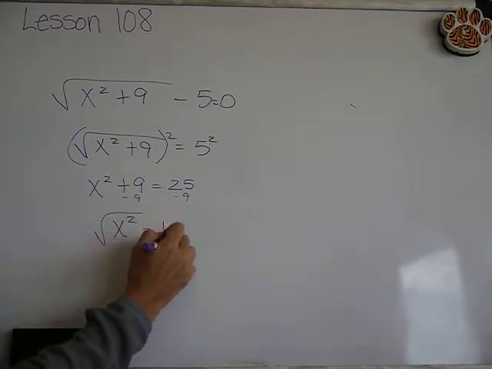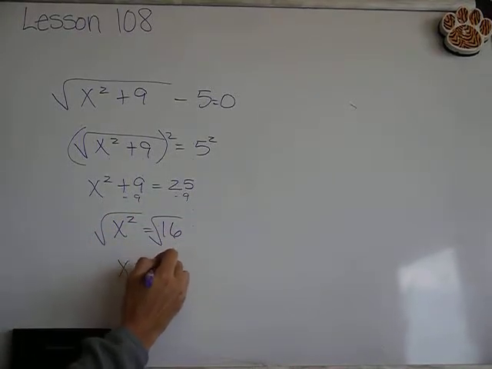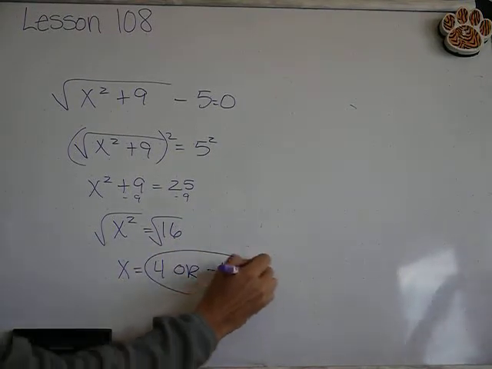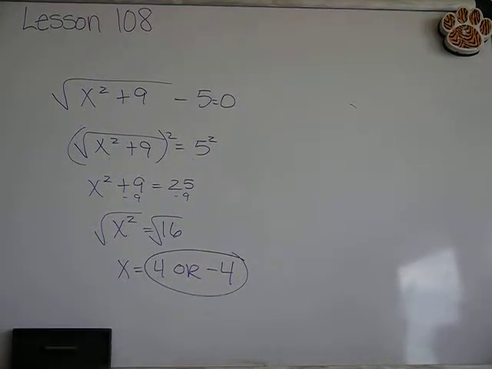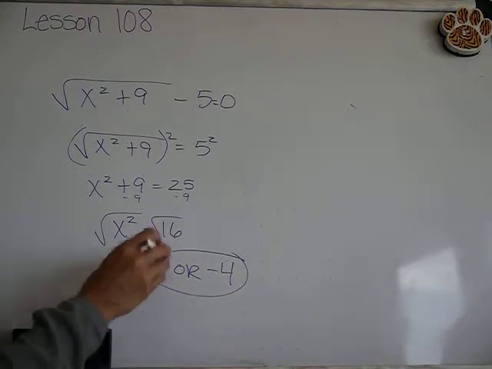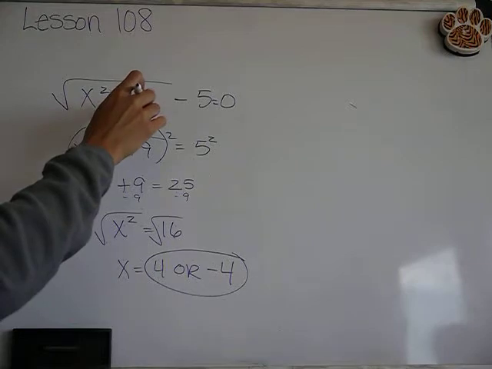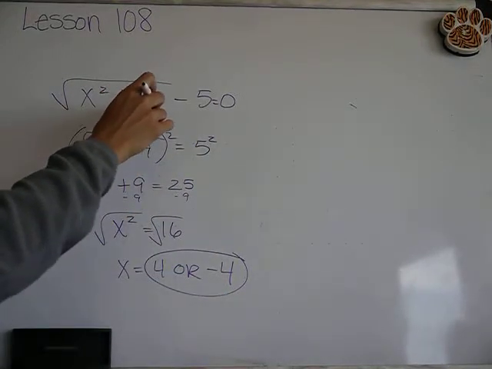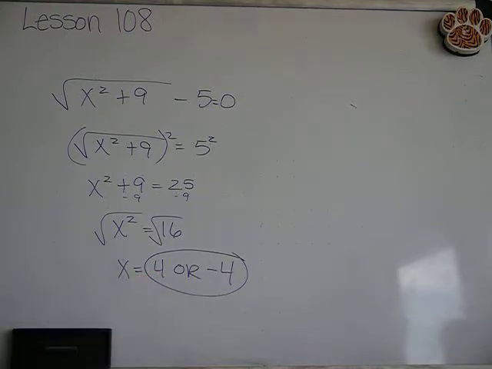Remember when we did this? See how you only got half right? And then shouldn't we check those? 4 squared is 16 plus 9 is 25, that's 5. Negative 4 is going to work there as well. So they're both the answer.